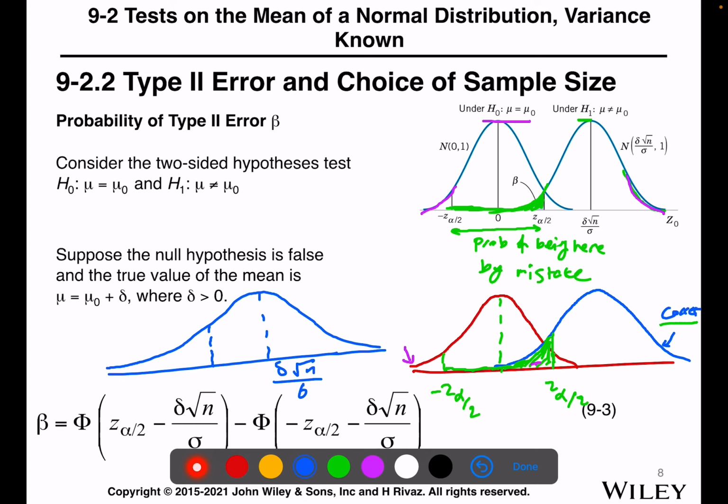So we are interested in this point, which is Z of alpha divided by 2, and in this other point, which is minus Z of alpha divided by 2. So the area that we are interested in, the green area, is this area here.